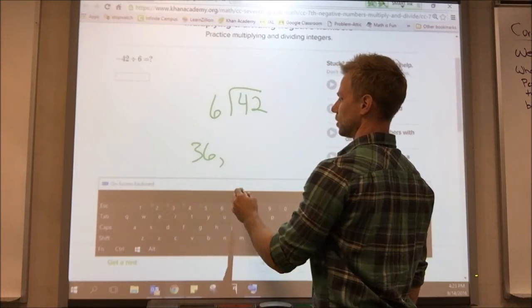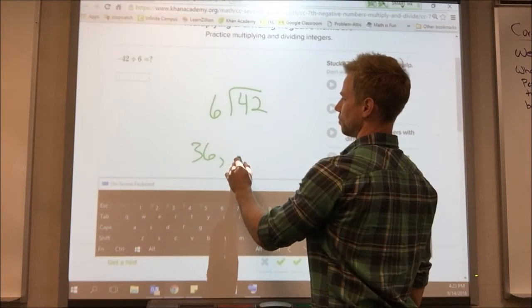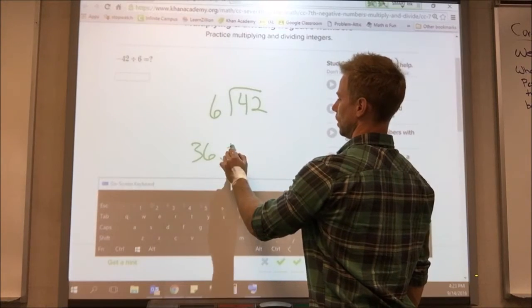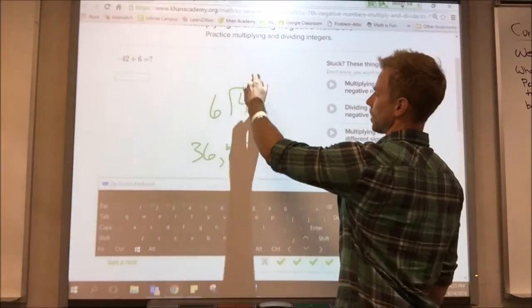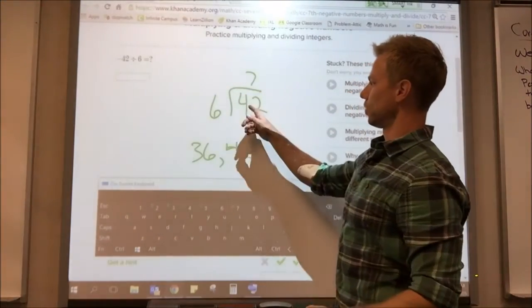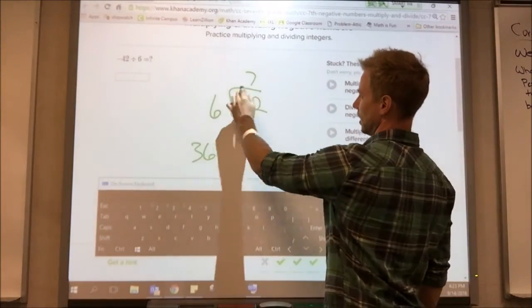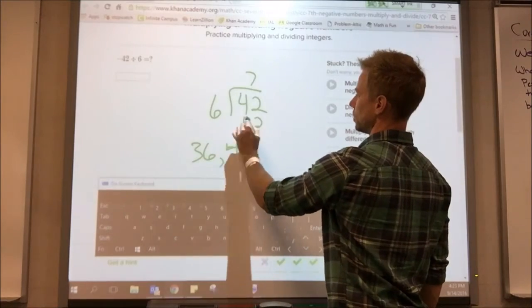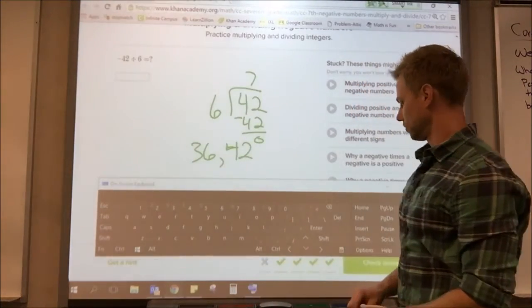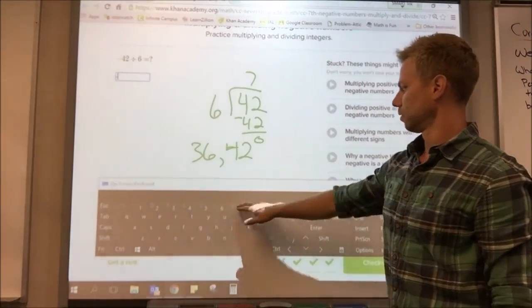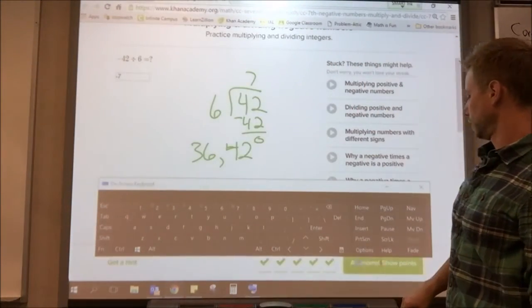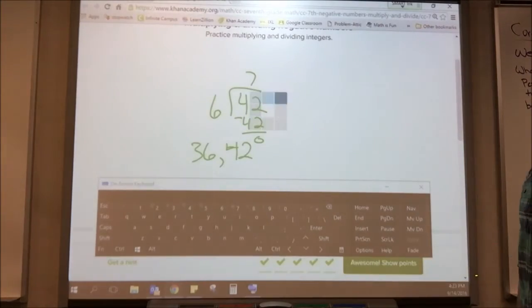So I add 6 more, and that gives me 42. So that gives me the right answer. So that means 42 divided by 6 is 7, and 6 times 7 is 42. Subtract and we get 0. Again, our answer is negative. Because they're unlike, we get a -7.